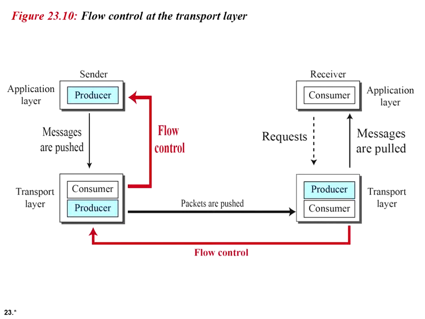Now, when the producer pushes the items, the consumer may be overwhelmed and there is a need for flow control in the opposite direction.